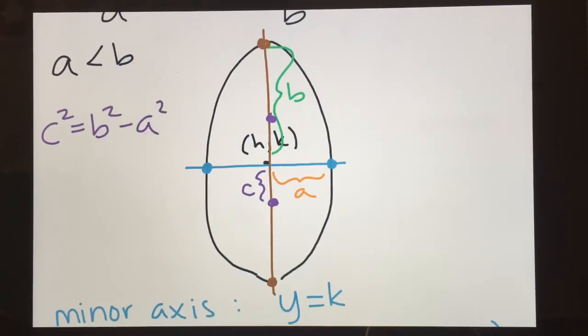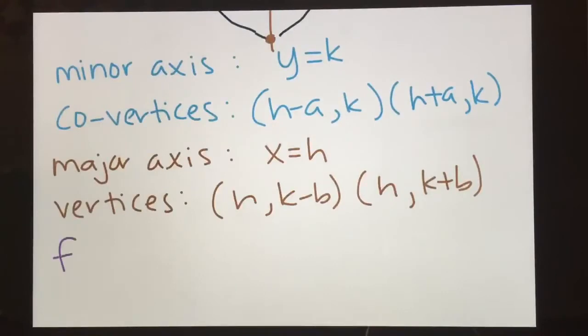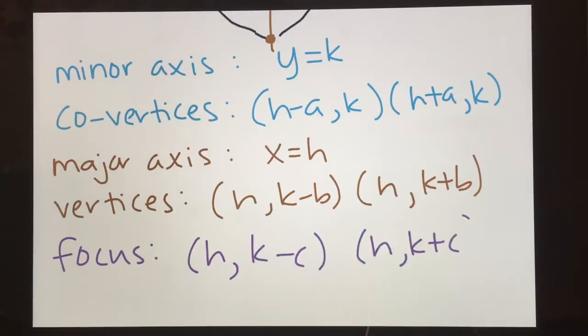So you're always just subtracting the smaller number from the bigger number. On this one, my focus moves up and down instead of left and right. It's up and down from the center, so I'm going to say h, k minus c, and h, k plus c. So that's how we would find the foci.